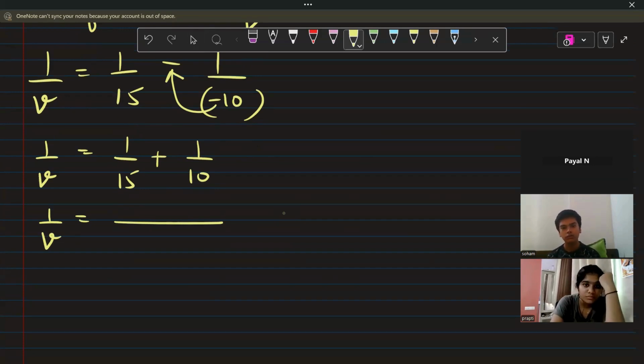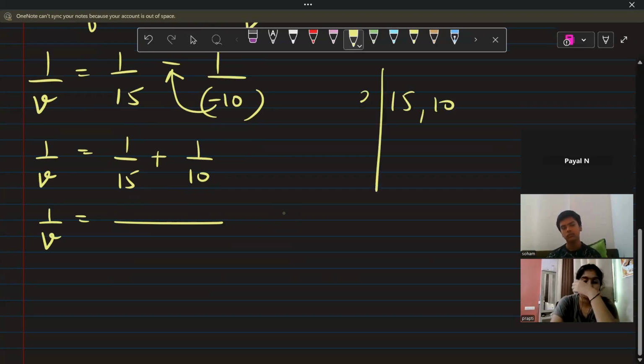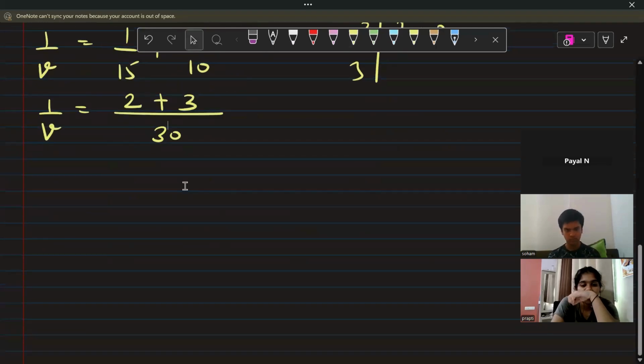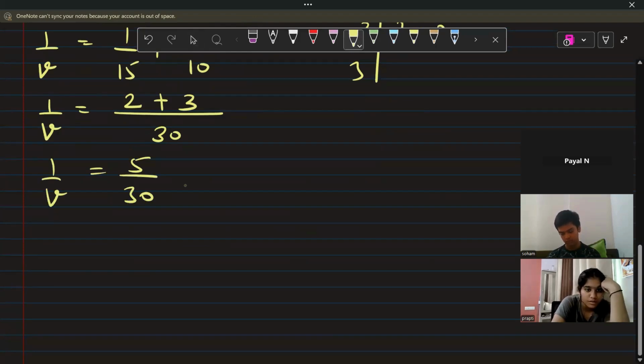Yes, or else if you just want to, I'll take LCM. 5 threes are 15, 5 twos are 10, so these are 30. So 15 twos are 30 and 10 threes are 30. So it becomes 5 by 30, 1 by v. So 5 ones are 5, 5 sixes are 30. So 1 by v is equal to 1 by 6.